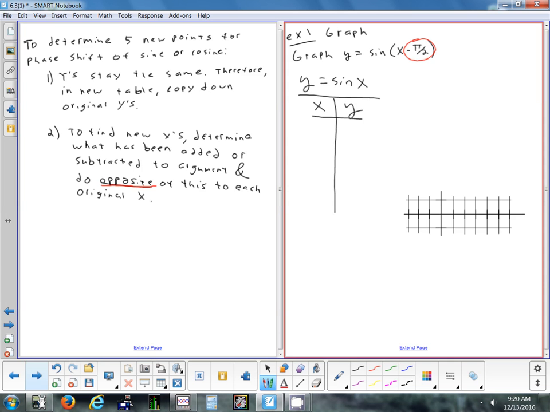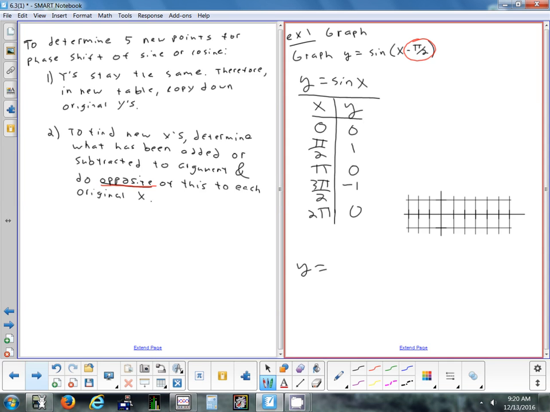Jacob, what are my original x values? 0, pi over 2, pi, 3 pi over 2, and 2 pi. And my original y's are 0, 1, 0, negative 1, 0. So I just copied that so I have it for reference.